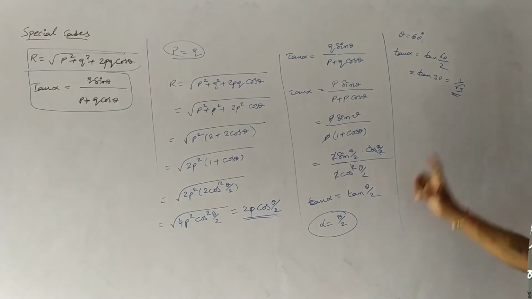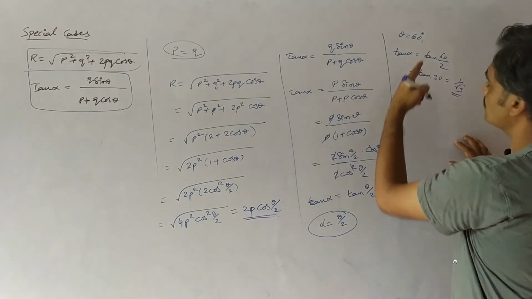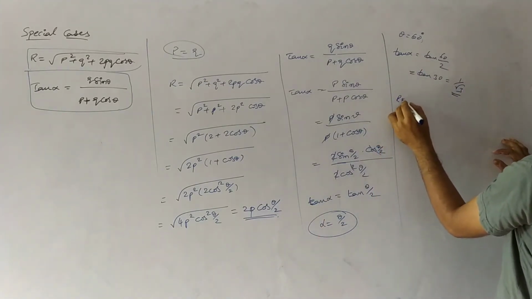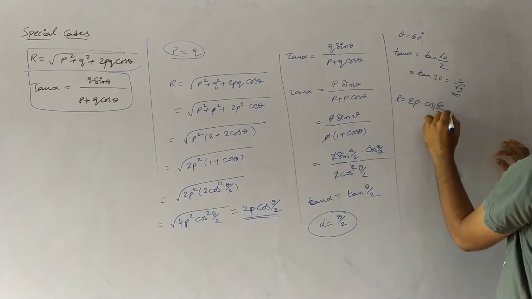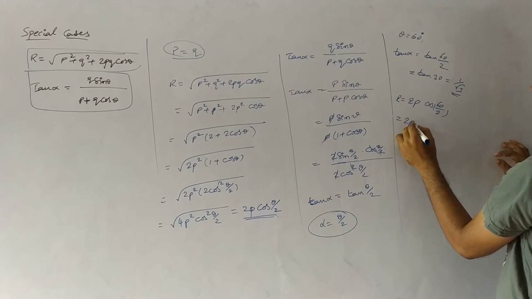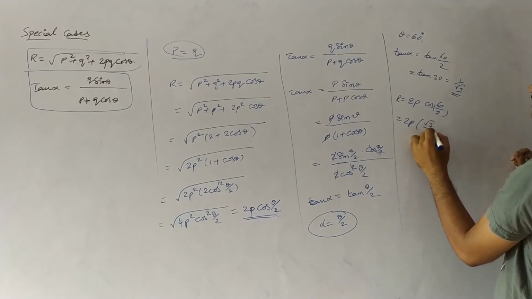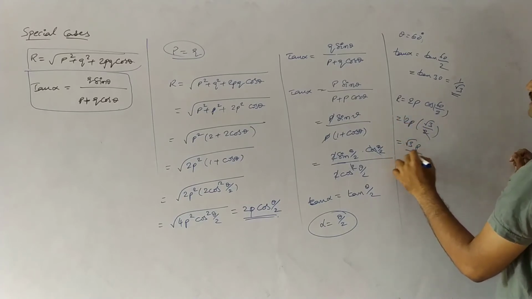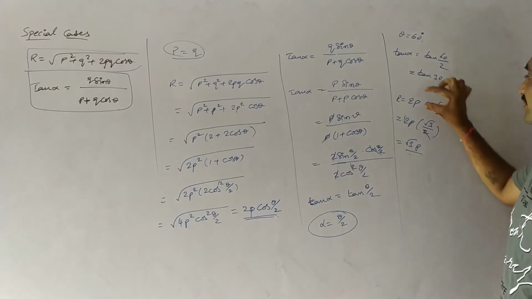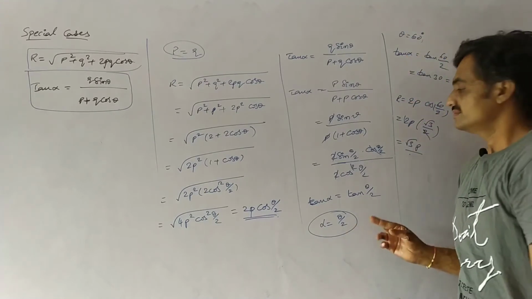And in the case of magnitude, if theta equals 60, then the magnitude is given as R equals 2P into cos 60 by 2, which is cos 30. Cos 30 is root 3 by 2. 2 and 2 get cancelled, so we have root 3 P. In this way, we can represent the resultant magnitude and direction based on different angles.